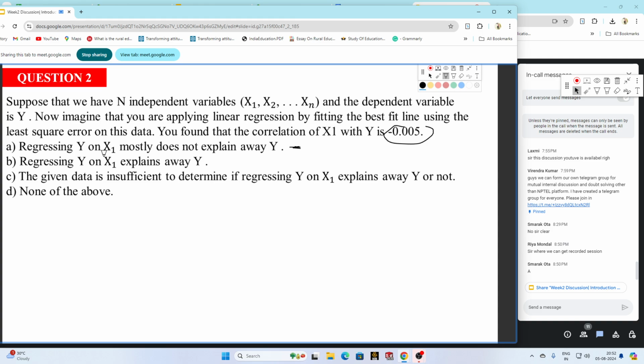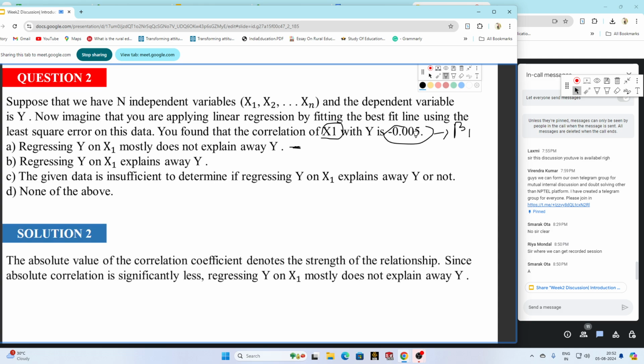The correlation of x1 with respect to y is very small, minus 0.005. You can also consider it as beta 1, so beta 1 is very small. If beta 1 is very small, then regressing y on only x1 will not explain y. Correlation means you can consider it as the correlation coefficient. So if beta is 0.005, then we can consider it negligible.